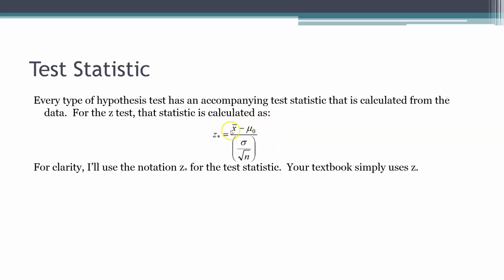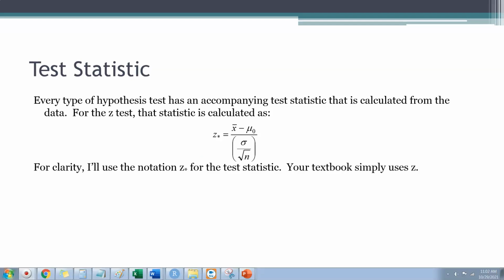So it's going to be x bar, the sample mean, minus the hypothesized value, divided by the population standard deviation over the square root of the sample size. And I call that z star just to distinguish it from z, but your textbook just uses z, which is fine, but you'll see me use the z star.